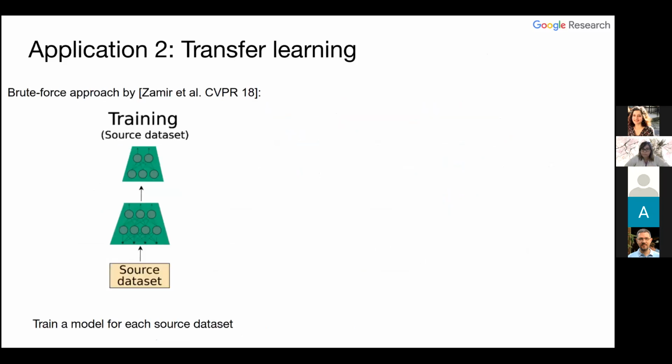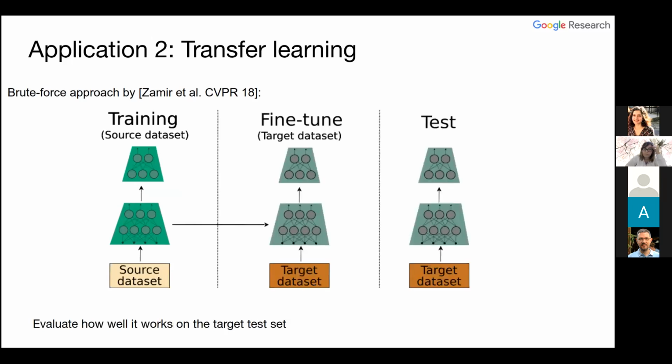The brute force approach, which was, for example, taken by Amir Zamir and colleagues, is to train a model on each source data set, then fine-tune it on the target data set and test how well it does, and do that for all the potential source data sets that you could select. But this is quite heavy computationally.